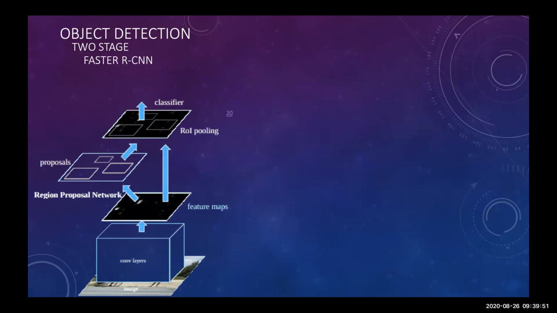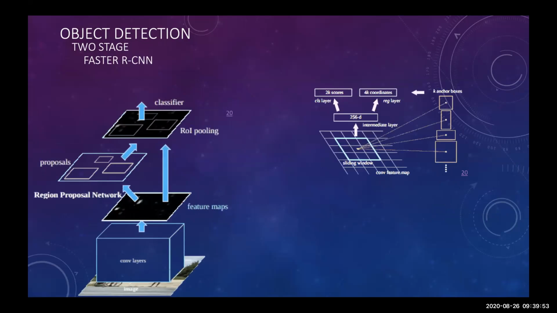Then there's Faster RCNN, which got really creative, where you didn't have to use a selective search that used feature descriptors like SIFT that I mentioned earlier. It creates a whole region proposal network. So there's no selective search at all. It creates a sliding window of different aspect ratios, kind of similar to what you saw with SSD.